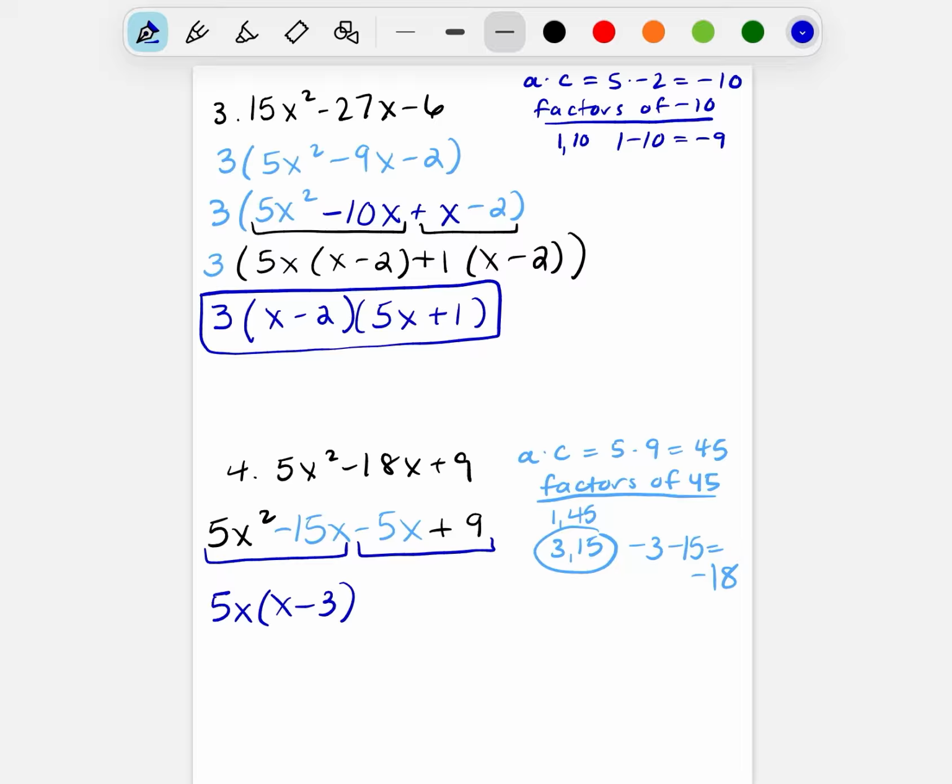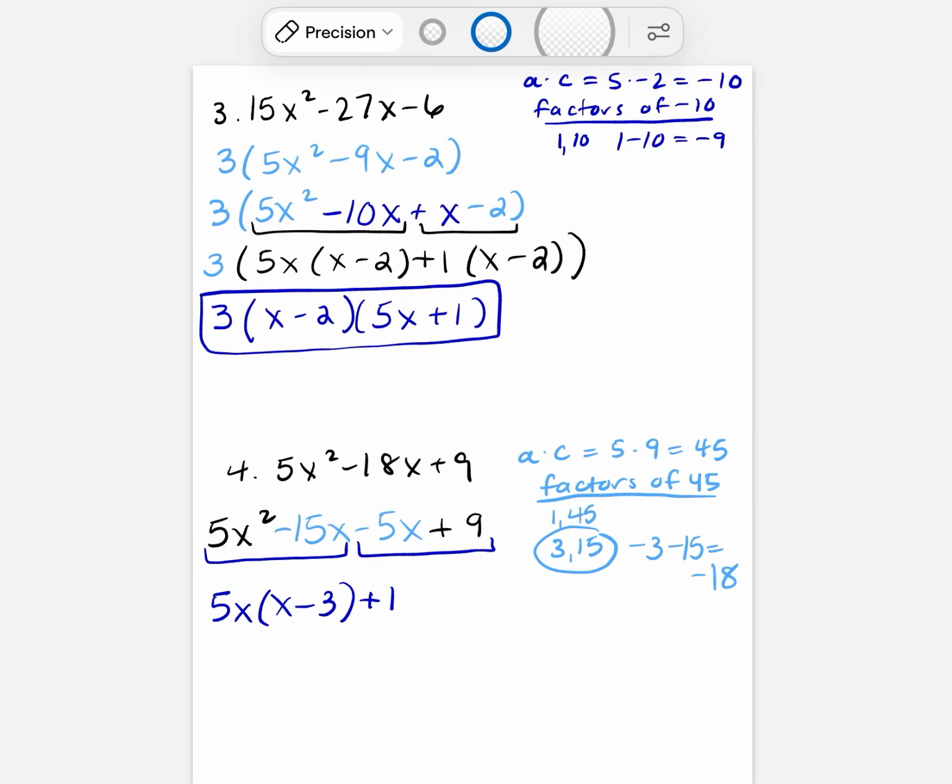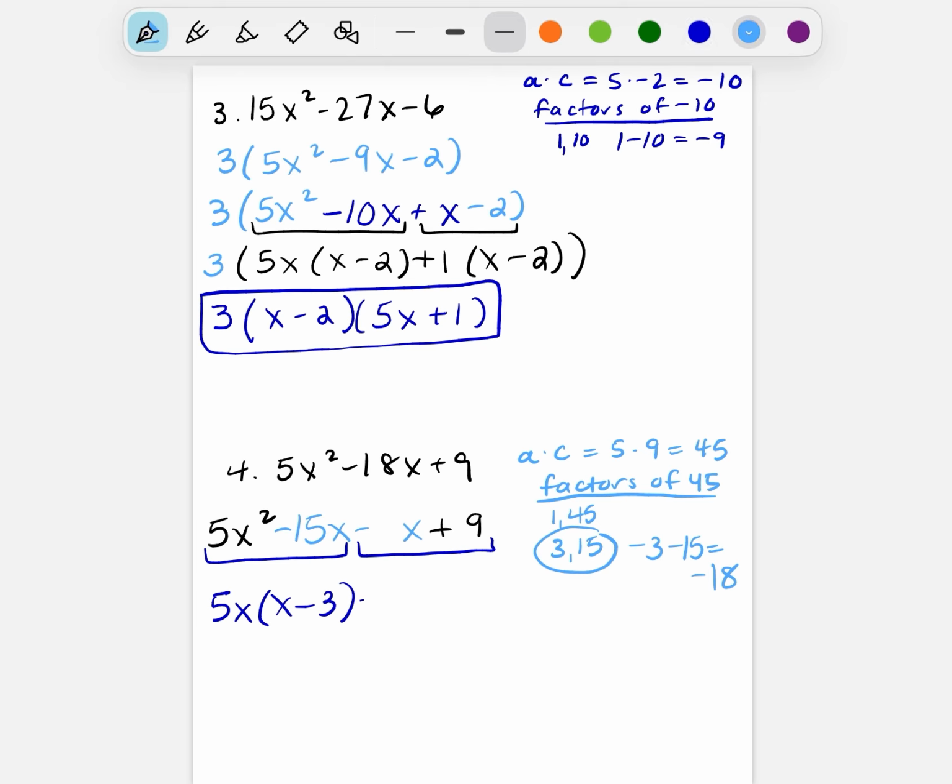Negative 3x and 9, there should be something in common. Negative 3, and I'm left with x minus 3. And so x minus 3 is the greatest common factor now, and we have 5x minus 3 left. And so those are my factors there.